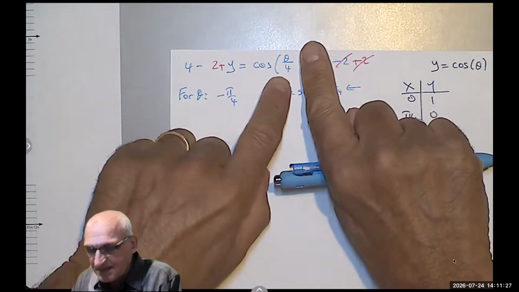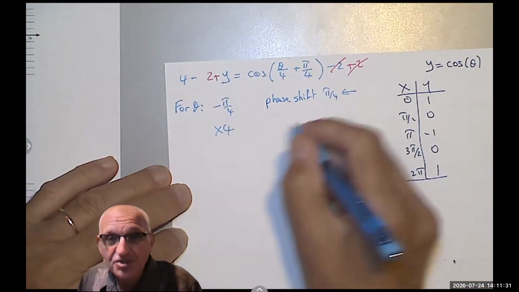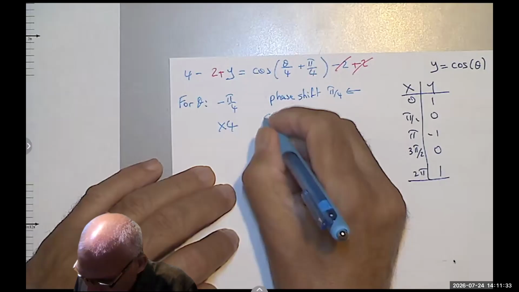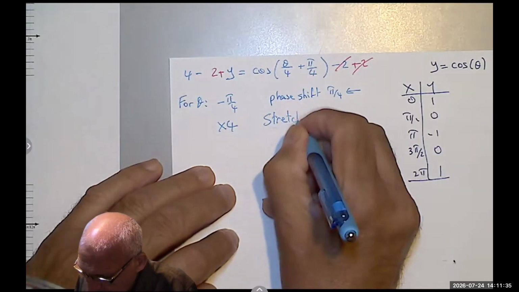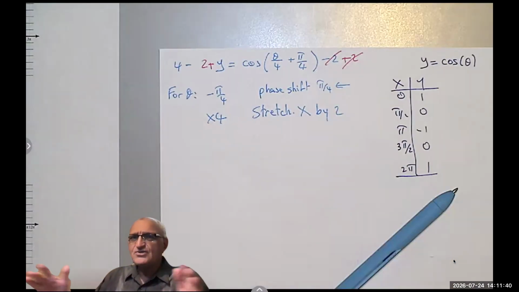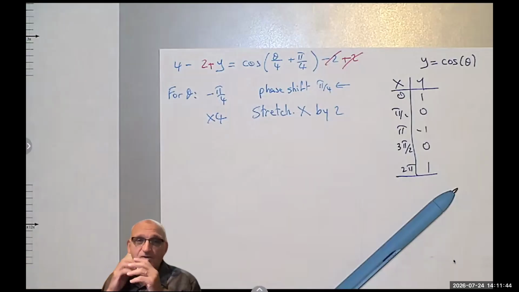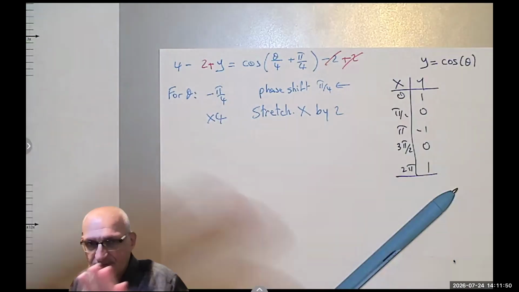And then I'm going to multiply by 4, which means what? Stretching x by 4. What happens when you stretch the x? Yes, your period would be multiplied by 4. So instead of 2 pi, you will get 8 pi. Even if you don't see it here, it doesn't matter. Don't worry about it. Okay?